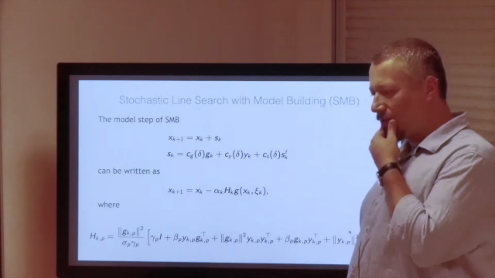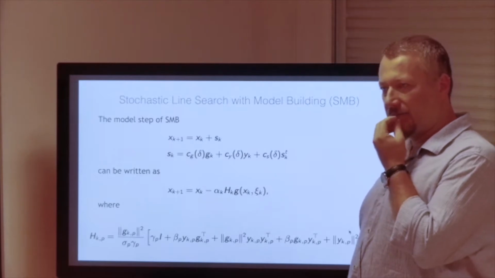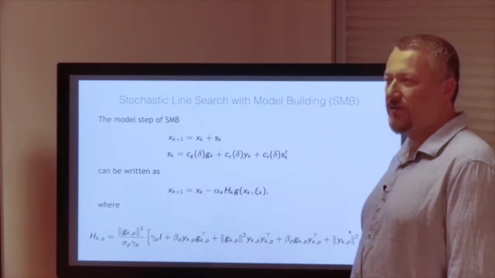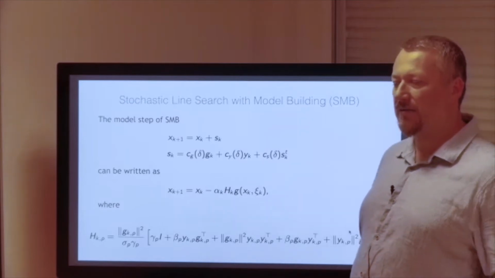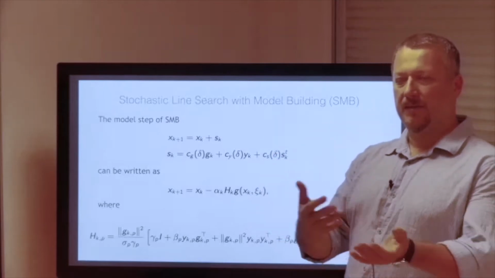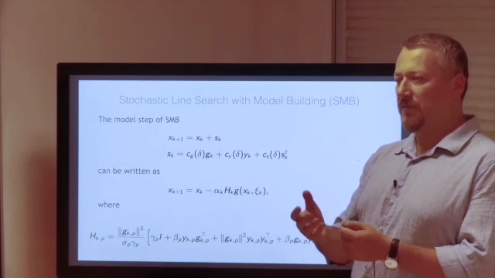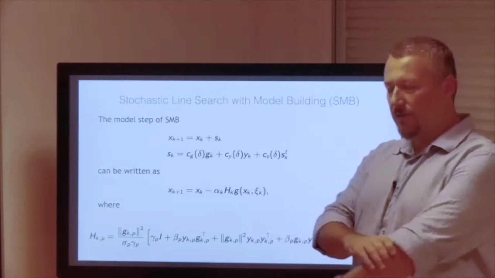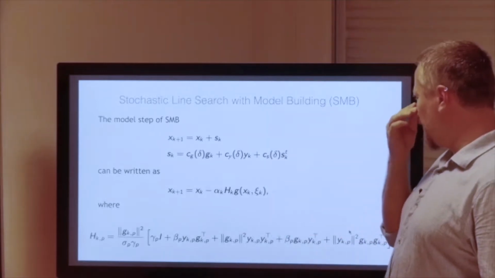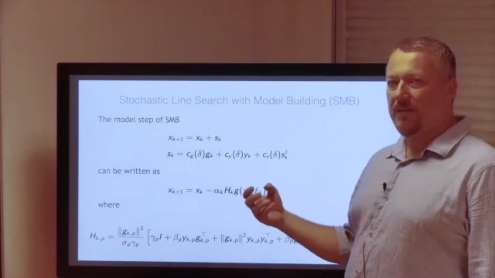Actually, what I'm going to introduce today is a general framework which can help to show convergence of methods where you don't just multiply the gradient by a scalar to choose the length of the step, but also multiply it with a positive definite matrix, so you change the direction also. So this method, SMB, the stochastic model building method, can also be considered that way.